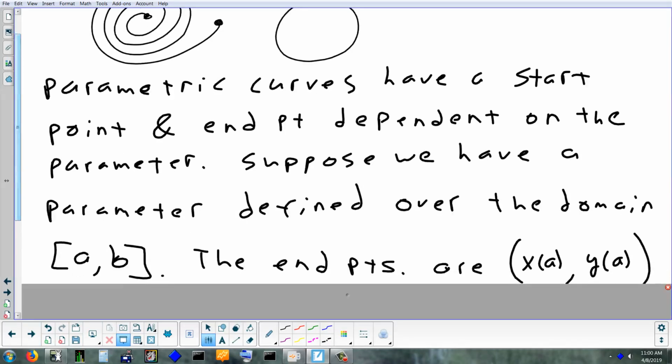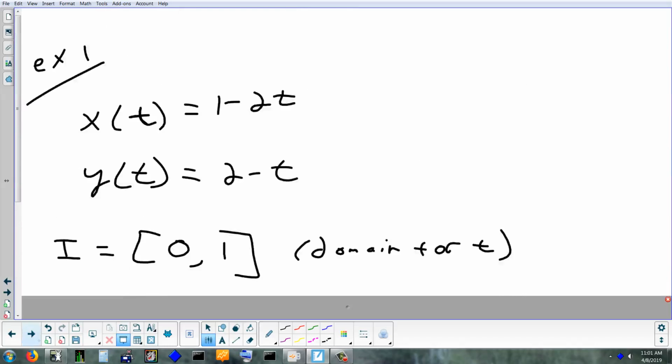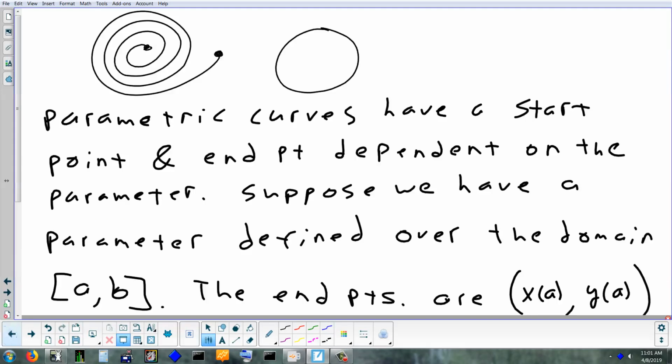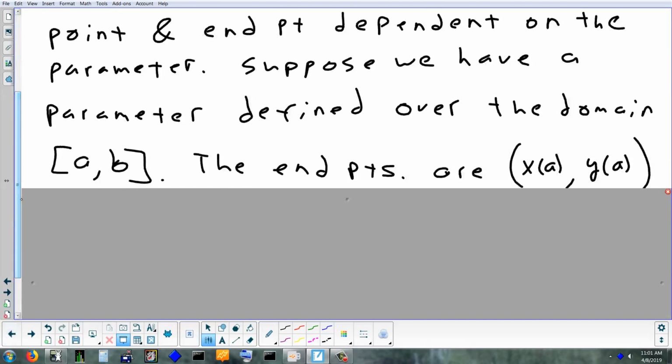Right, so suppose that they tell you, okay, you are allowed to use the numbers from A to B. In a real problem, it might be something like this. You are allowed to use the numbers from 0 to 1, and you can plug them in for t. They'll tell you where they want you to start. They'll tell you where they want you to stop. Okay, to find the coordinates of where the parametric curve starts and stops, there are 4 calculations you have to do.